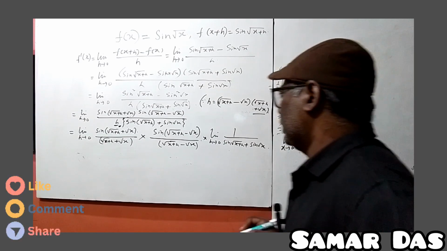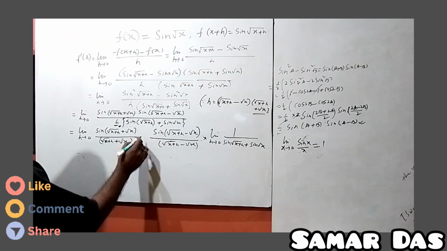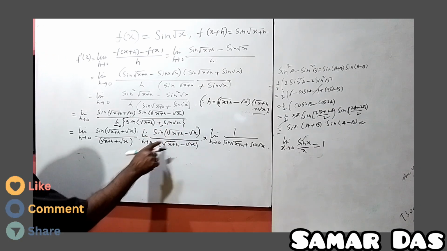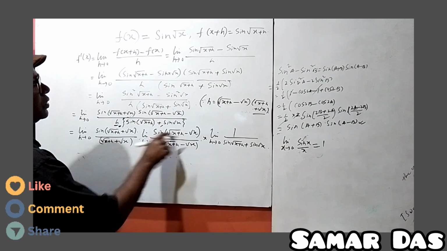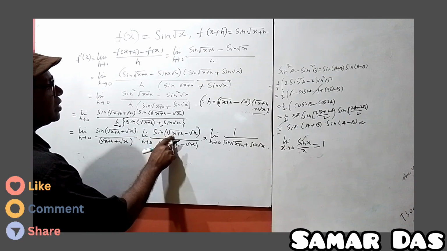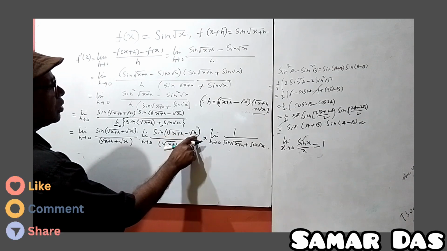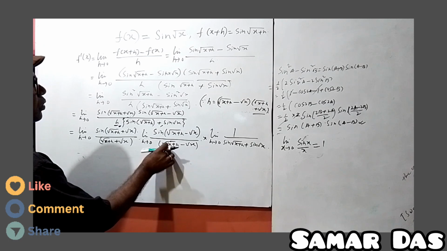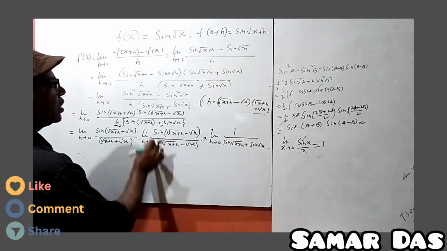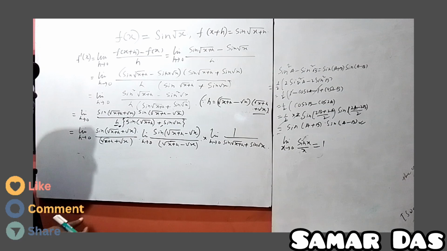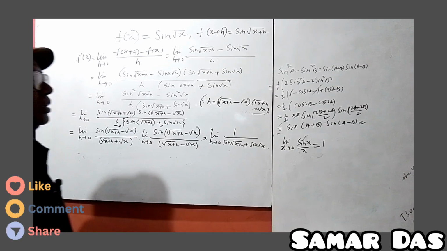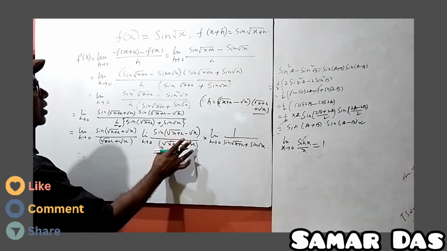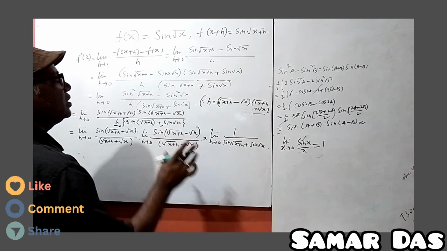So therefore in that step, limit h tends to 0. See, if we put h approaching value 0 here, then we get root over x minus root over x. So that's why sine 0, we get 0 by 0 form. So that's why it will be 1 here. Always you know this whole angle divided by this angle, when this whole angle's approaching value is 0.